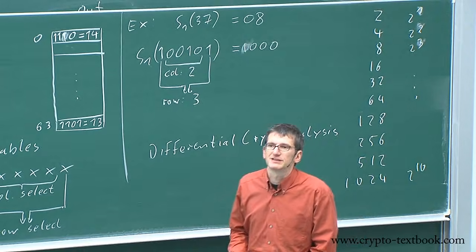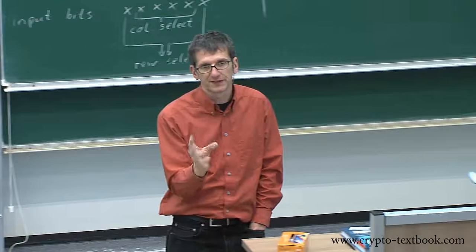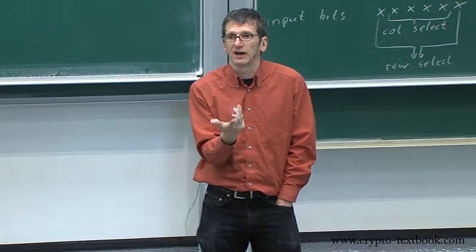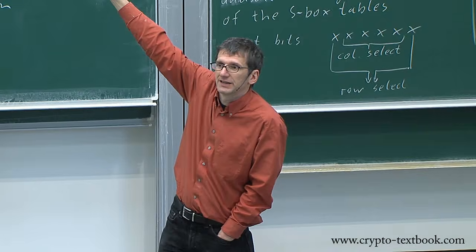And they found a way to break that, okay? And how good this differential cryptanalysis attack is depends on the structure of the S box. That means how these tables are filled, okay?